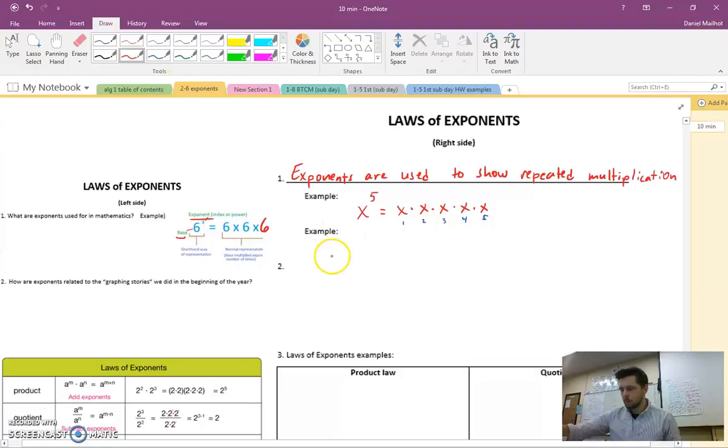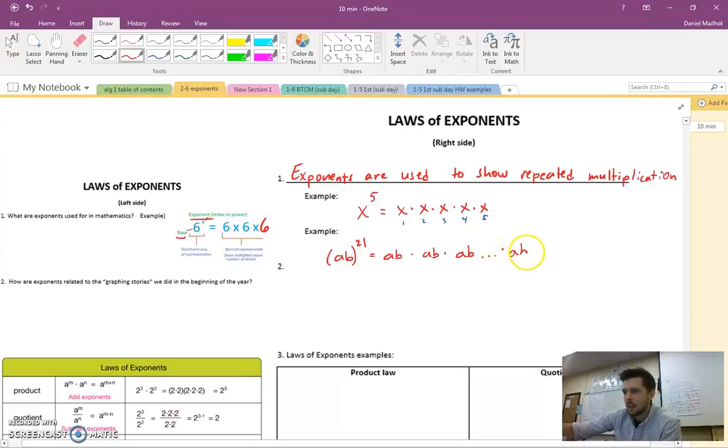So another example would be AB to the 21st. Oh, we have to write out 21 of these. No, we don't. We can shortcut it a little bit. Try this. AB times AB times AB times AB. And put dot, dot, dot to show that that pattern keeps on going.